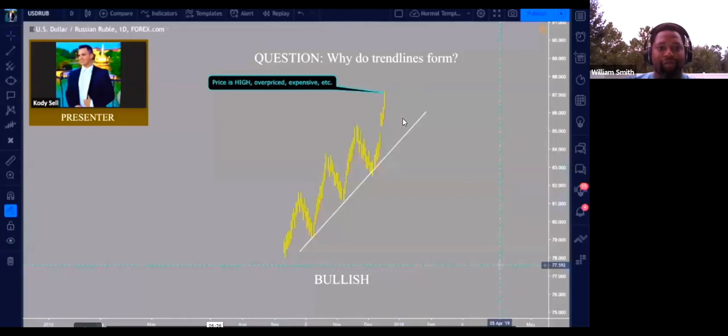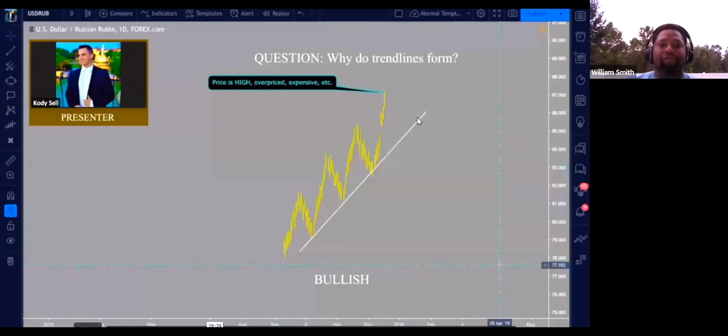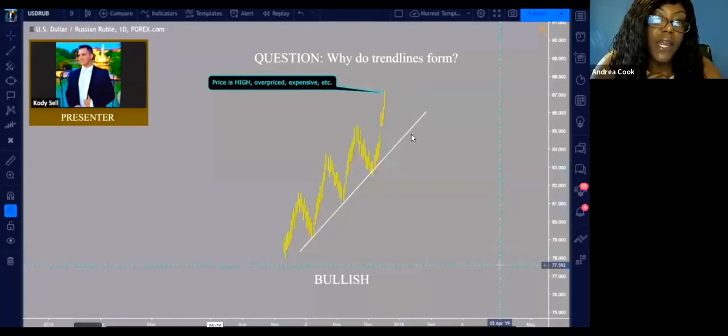Gotcha. Remember, when it breaks it, don't take the trade until you get the retest, because it's always going to retest it. So when you start to see it break, let's say you jump in on the sell, it might come way down here before it retests. So now you're in heavy negative drawdown. Your account is bleeding red.